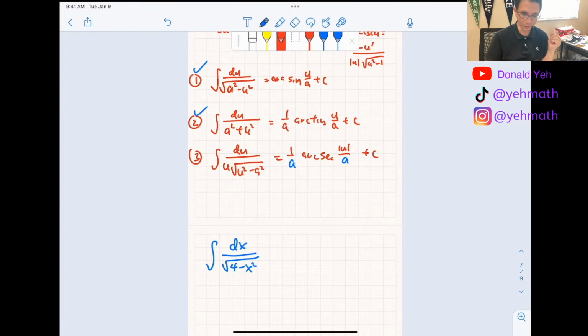So 4 minus x squared. If I were to use substitution, you have two choices. U equal to x squared, but there's no 2x on the top for you to cancel. U equal to 4 minus x squared, you still need a 2x on the top to cancel. So the problem is you don't know how to integrate this.